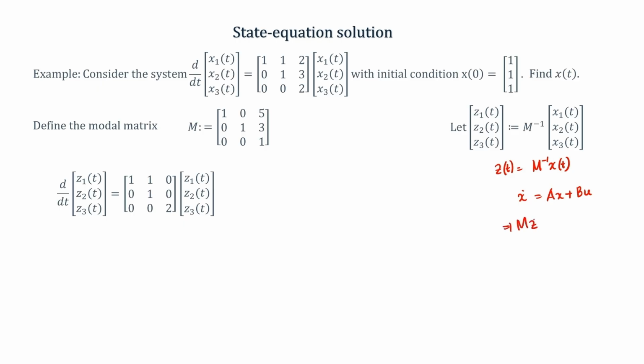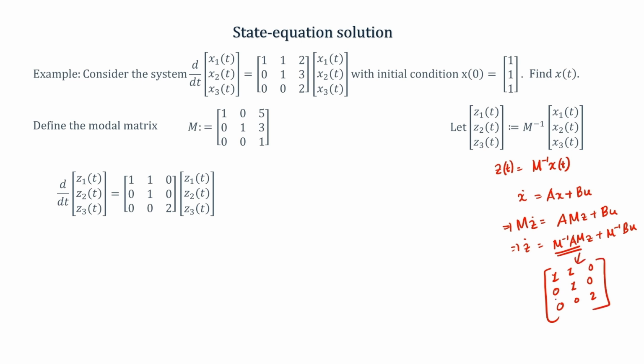So, this becomes m of z dot is equal to A of m of z plus B of u, which means that z dot will become equal to m inverse of A m z plus m inverse of B u, but we know that m inverse of A m is nothing but a Jordan matrix of the form 1 1 0, 0 1 0, 0 0 2, just now we found it out, right.